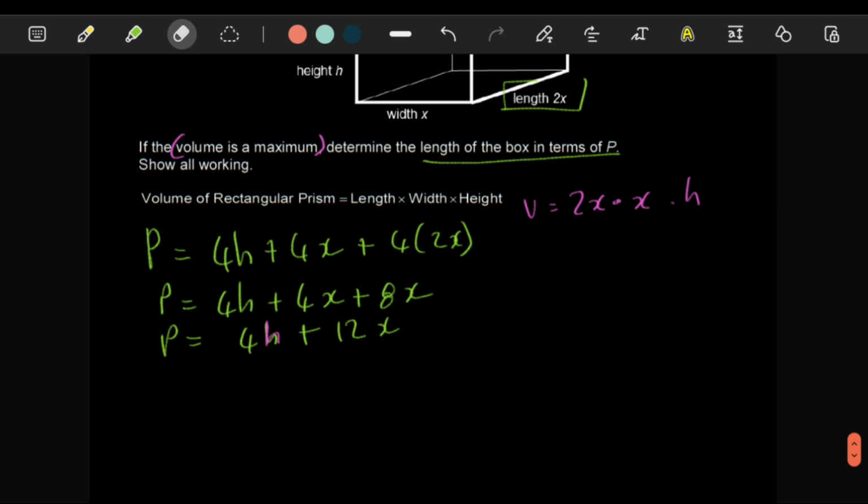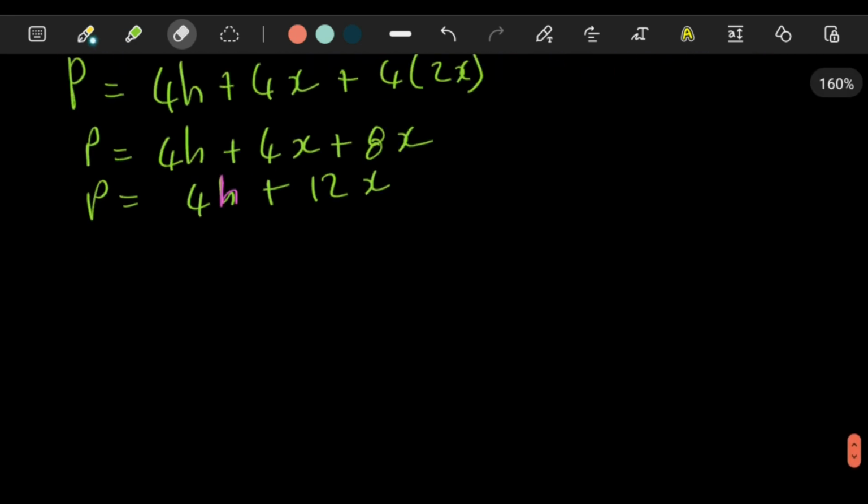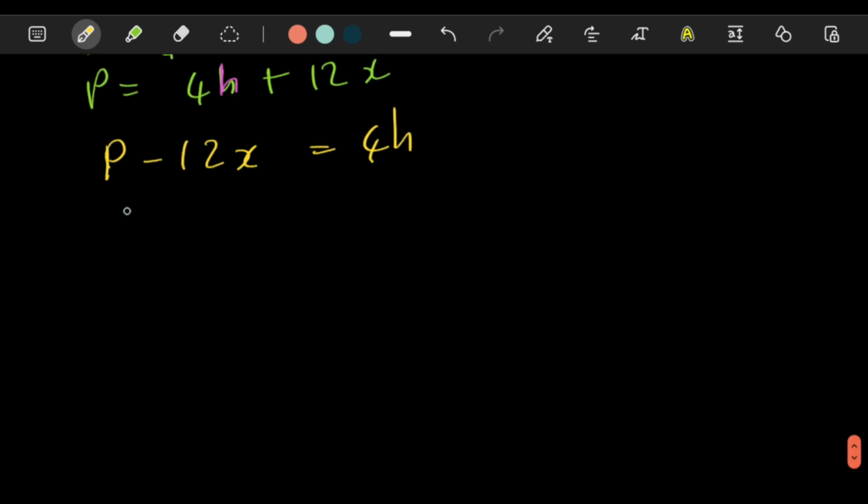So let's write h in terms of p and x. Here the 12x goes over, and then you divide by 4 on both sides. So obviously you're going to have p over 4, minus 3x.